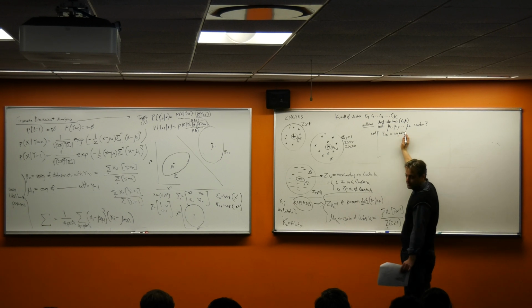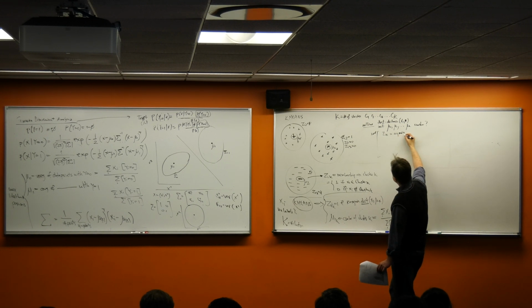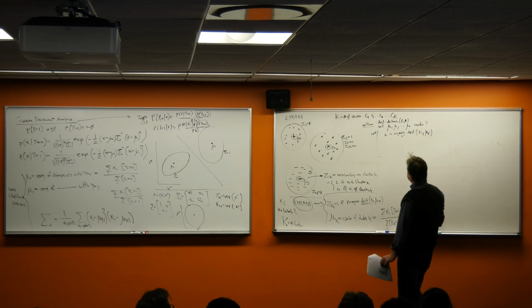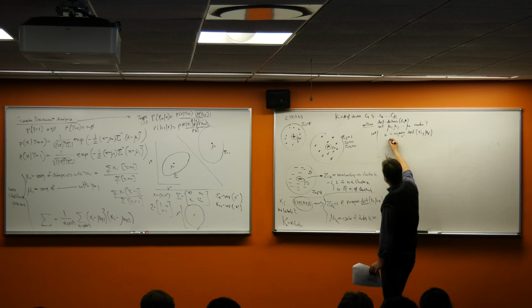Let's say I can just compute the distance everywhere. It's argmin over all possible k primes of the distance between xi and mu k prime, right? And I say compute this k, I say Zik equal 1, right?